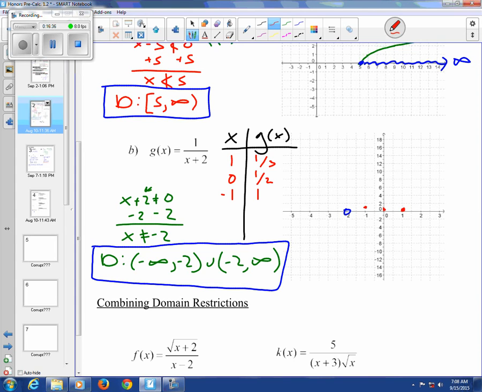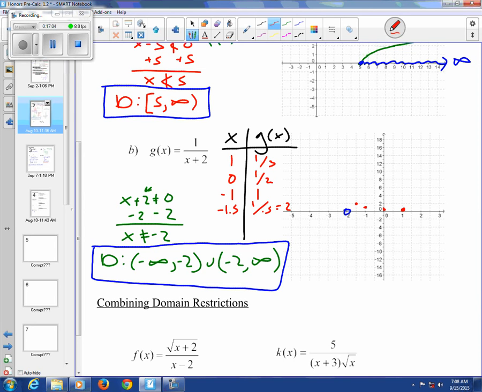Now, we're seeing a slight increase as we approach the hole of -2 by integers. What's going to happen when we start processing x values between -1 and -2? Right here, if we plug in -1.5, that's going to give us 1 over 0.5, which is going to be 2. So already we're jumping up one integer within half an integer on the x-axis.